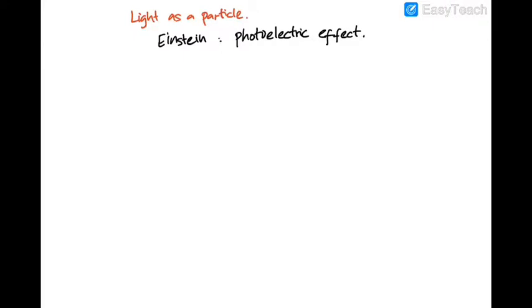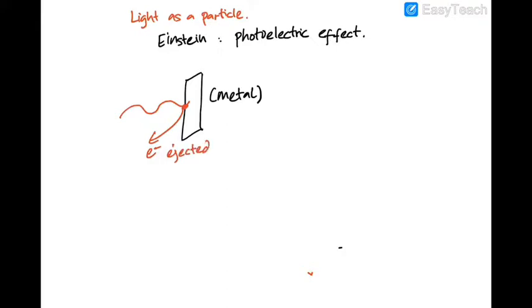In this experiment, there was a piece of metal, and when light is shone on it, he observed that an electron was ejected.